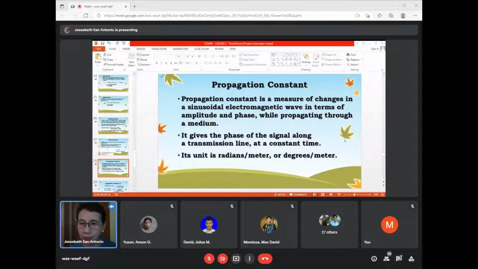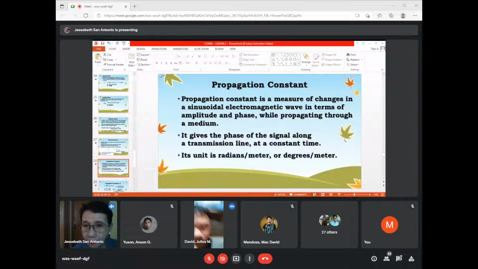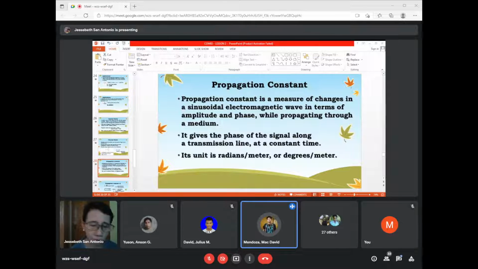Hindi naman to recitation, hindi naman graded. Yes, Mr. Mendoza. Sa frequency. Sa positive and negative alternation ng frequency. Di sana frequency na yung sinabi, no? Hindi. Amplitude nga eh. Amplitude of the signal.